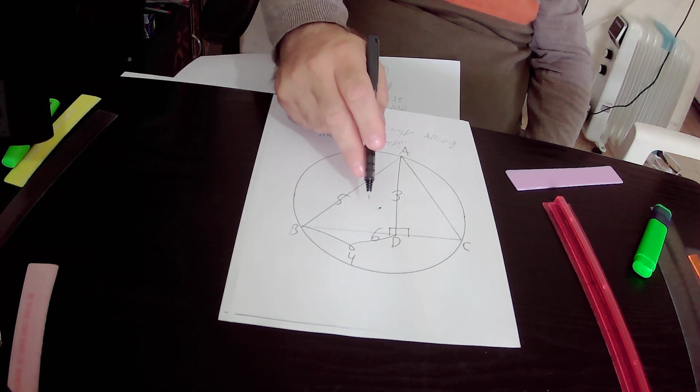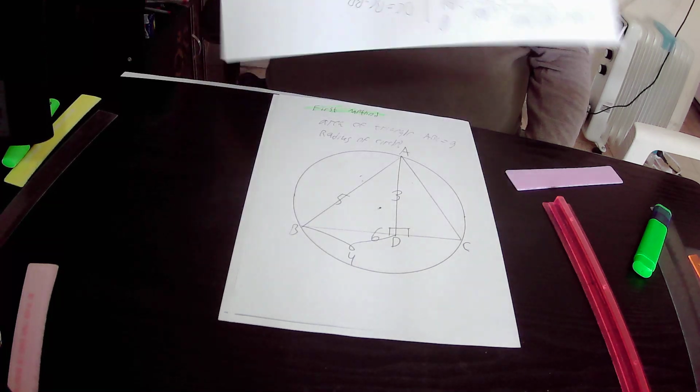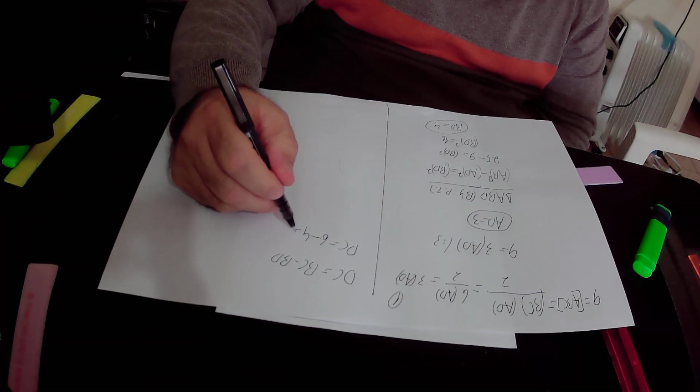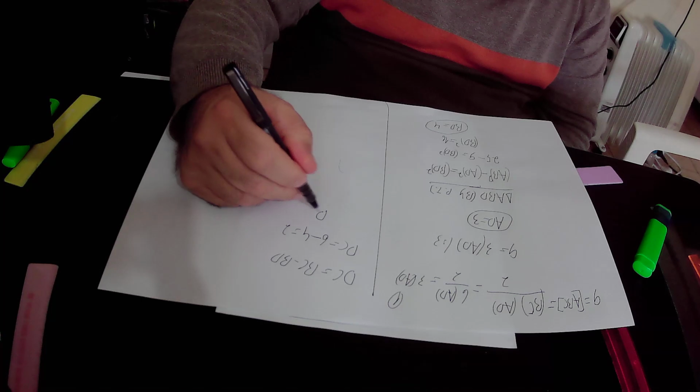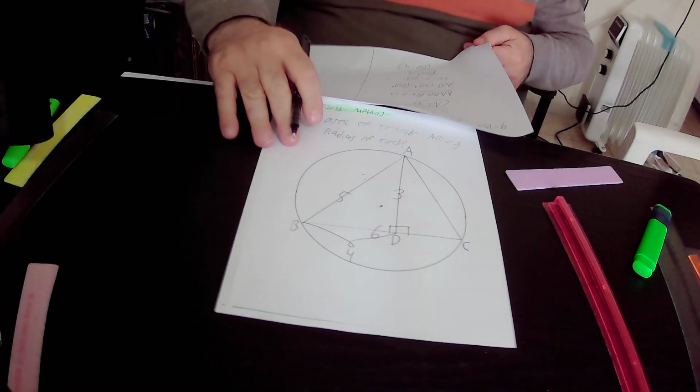We just found out that BD equals 4 units. So in conclusion, DC equals 6 minus 4, that is 2. So DC equals 2 units, and we can write here that DC equals 2 units.